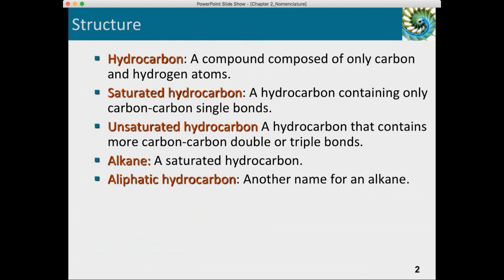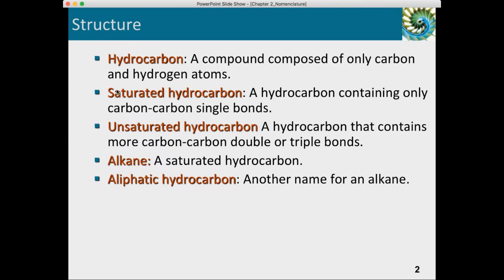A compound composed of only carbons and hydrogen atoms. So hydrocarbons can then be subdivided into two groups: saturated hydrocarbons, those containing only carbon-carbon single bonds.